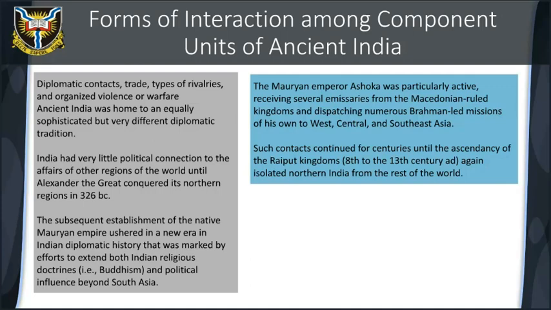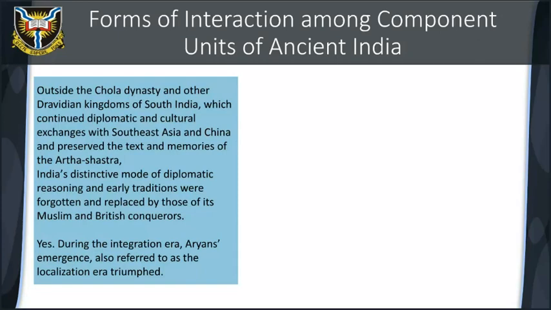Such contact continued for centuries until the ascendancy of the Rajput kingdoms, that is, the 8th to the 13th century AD, again isolated northern India from the rest of the world. Only the Chola dynasty and other Dravidian kingdoms of South India continued diplomatic and cultural exchanges with Southeast Asia and China and preserved the memories of the Arthashastra.